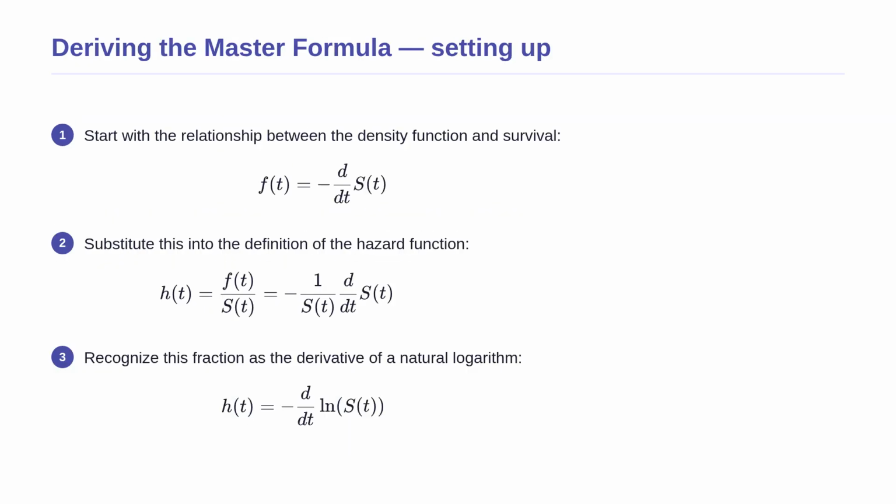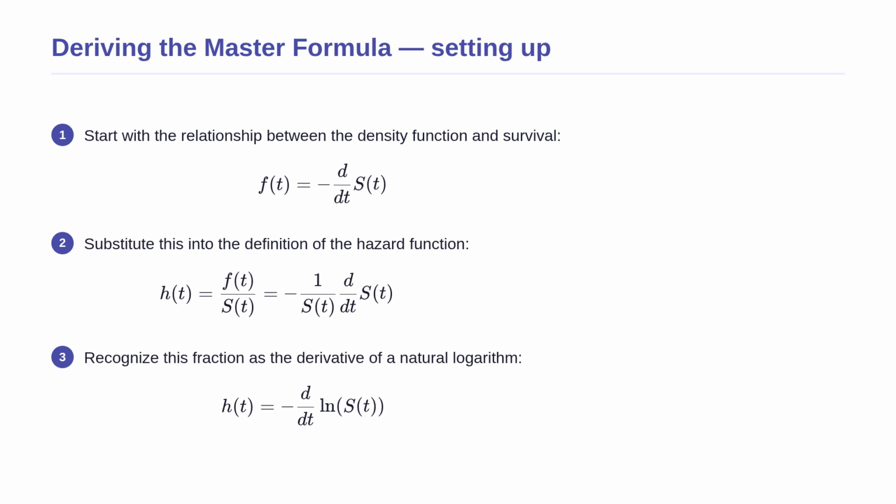Now that we have successfully used the master formula, let us understand where it comes from. We start with the fundamental theorem of calculus. The probability density function, f of t, is the negative derivative of the survival function. The rate of new failures equals the speed at which the surviving population shrinks.